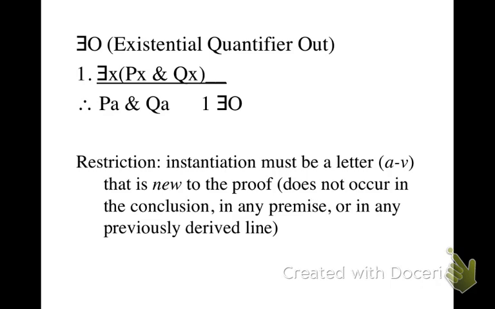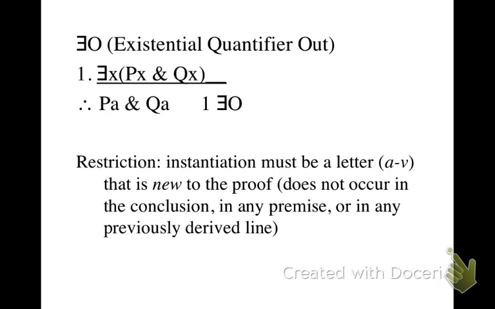However, the statement there exists an x, px and qx, is just saying there's at least one thing that has both the qualities P and Q. But we don't know what that thing is. So we have to be careful that we don't assume it's a thing that we're already talking about.